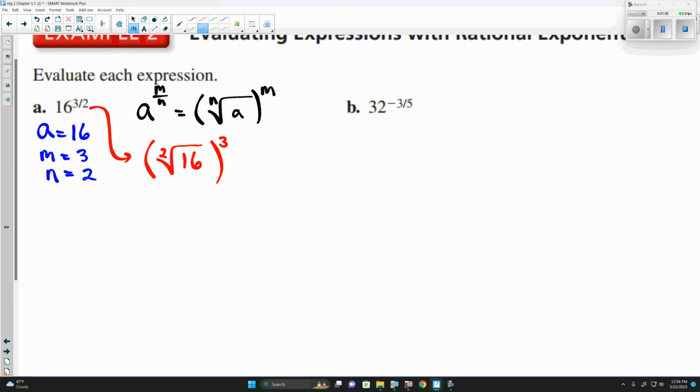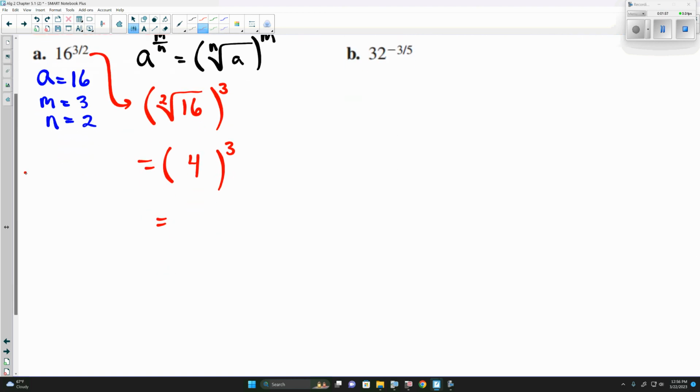So visually trying to see what 16 to the 3/2 is going to be a little challenging. But if we rewrite it as the square root of 16 to the 3rd, well, the square root of 16 is 4. And now we just need to take 4 to the 3rd. Well, 4 squared is 16.